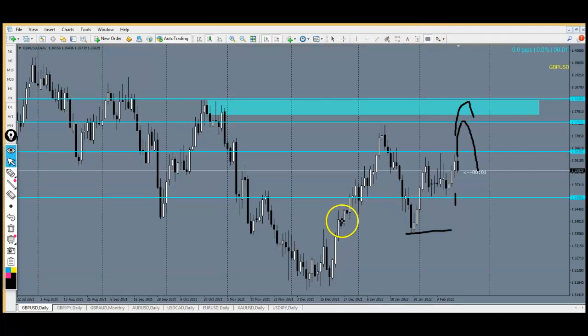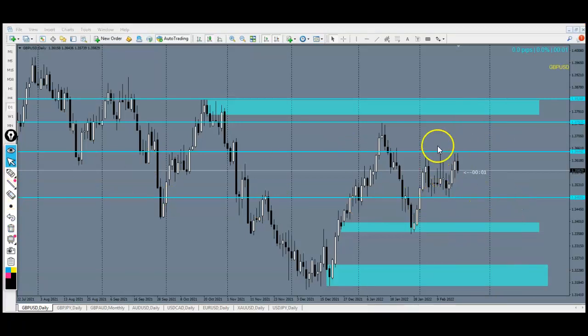So that will be okay. This has actually been taken out. This has been tested before, so it might retest this level, and if that gets broken, we'll be looking at this zone here, down here, for a buy.